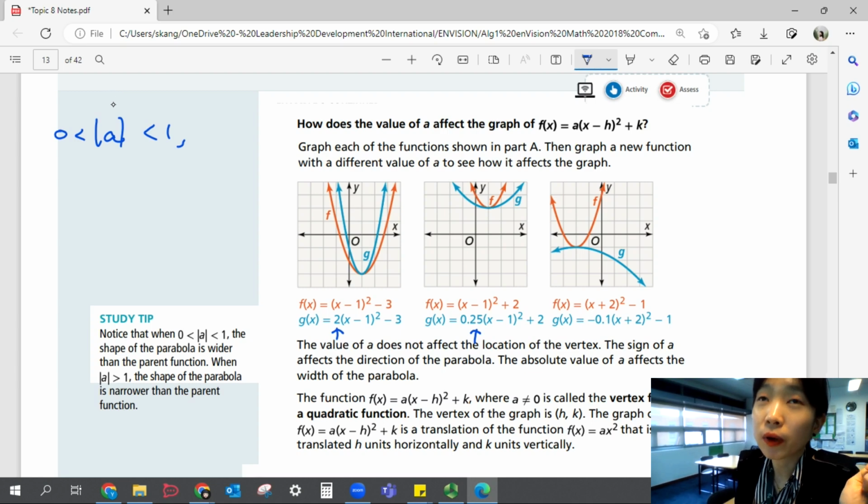That's going to be point something, or 1/2 in fractions, or 1/5, or 2/7, whatever is less than 1 will get you a wider graph. When the absolute value of a is greater than 1, the graph gets narrower.